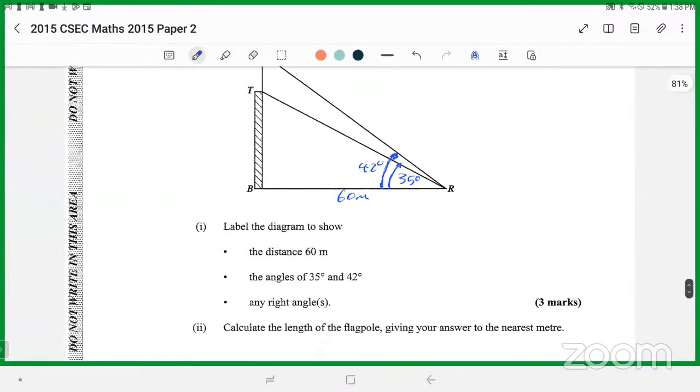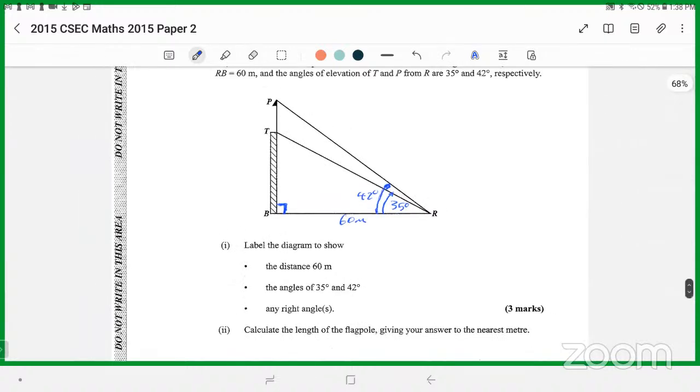Question said, label the diagram to show the 60 meters, the 35 degrees, the 42 degrees. See it there? There's also a right angle, the angle between the horizontal and the vertical, right here, 90 degrees. That's the diagram now. Easy. So we have two triangles working in.